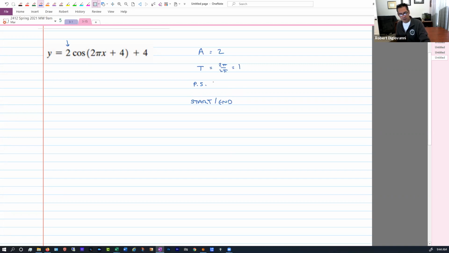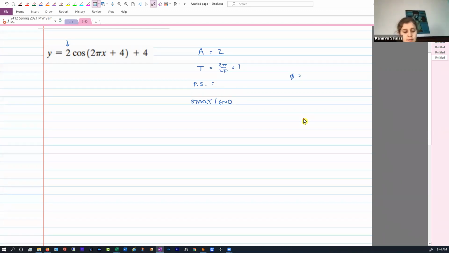And then the phase shift. Okay, so here's the tricky part. What is phi here? Can someone tell me what phi is? 4. So look at the form. Look at this here: 2 pi, omega, in front of x, and then we have plus 4, right?